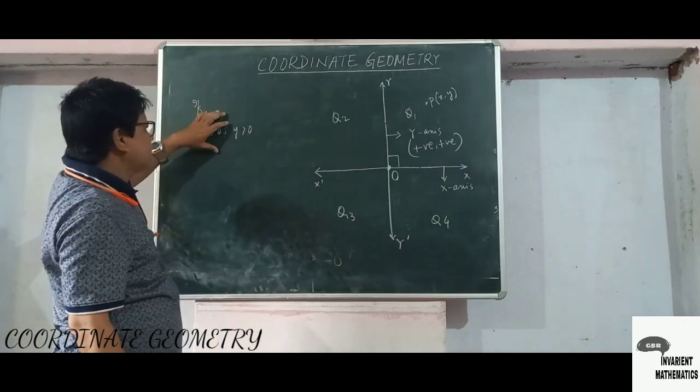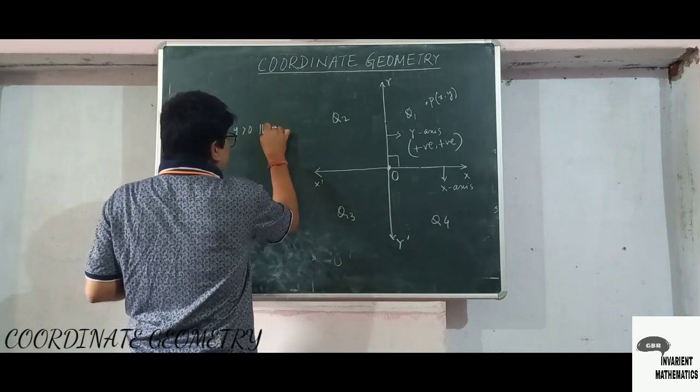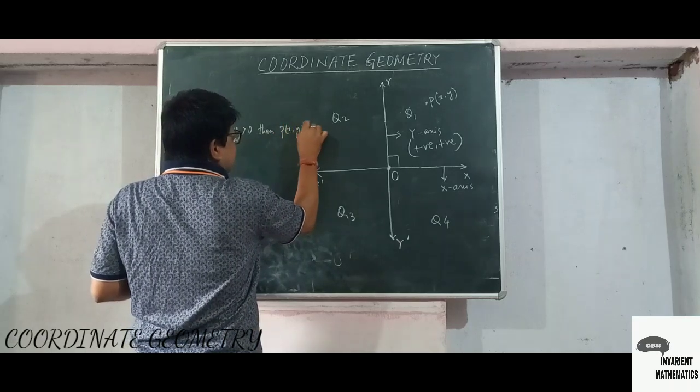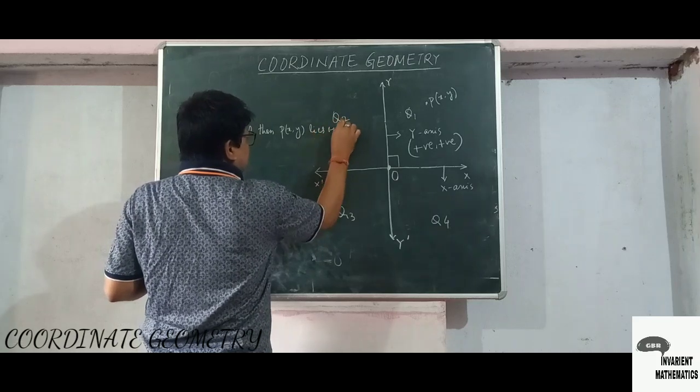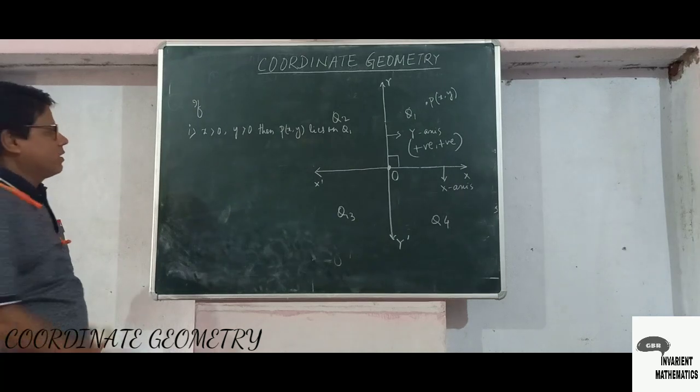So for positive x and positive y, P(x, y) lies in quadrant 1.